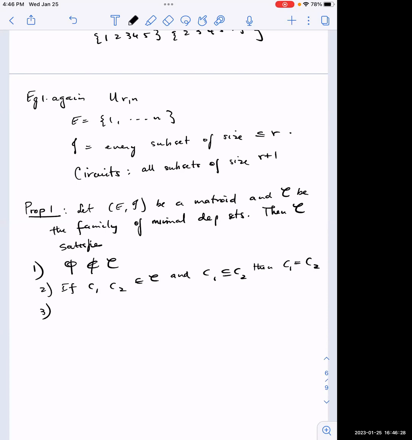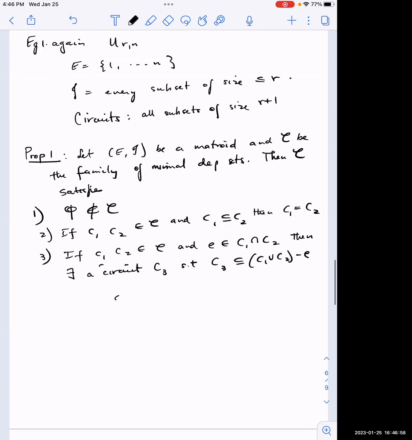And the third one is, if C1, C2 are circuits and E is in the intersection of the two, then there is another circuit, C3, such that C3 is contained in C1 union C2 minus E. So it's called the circuit elimination axiom or something.